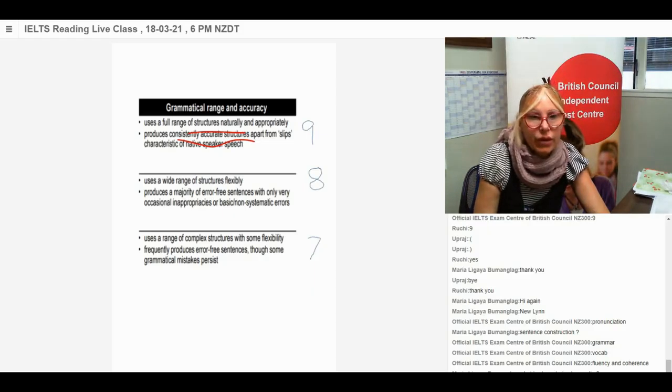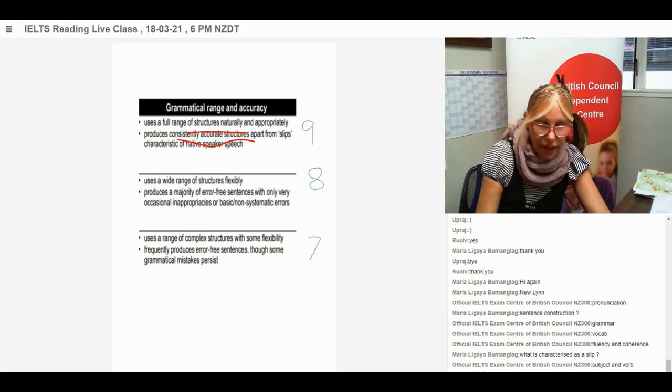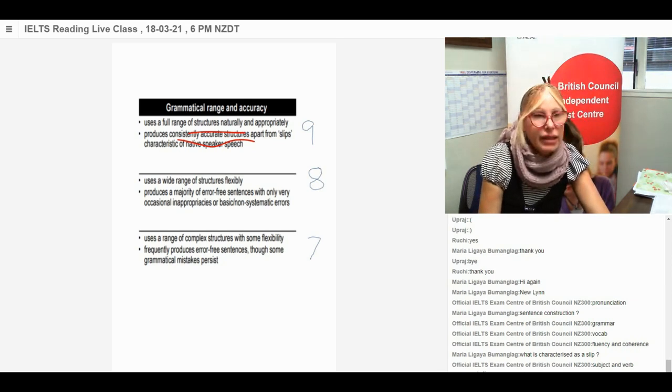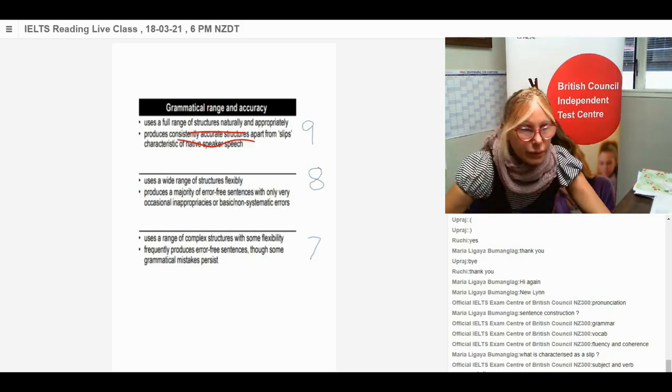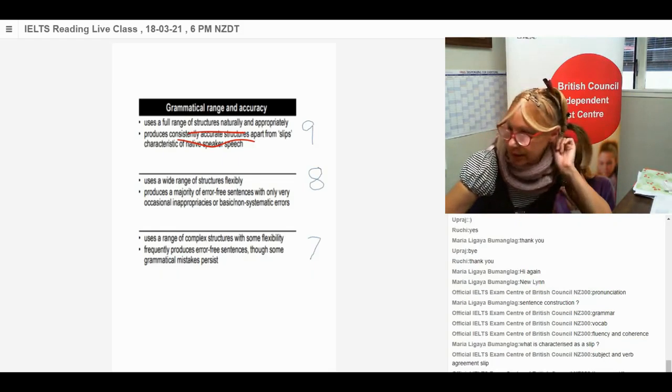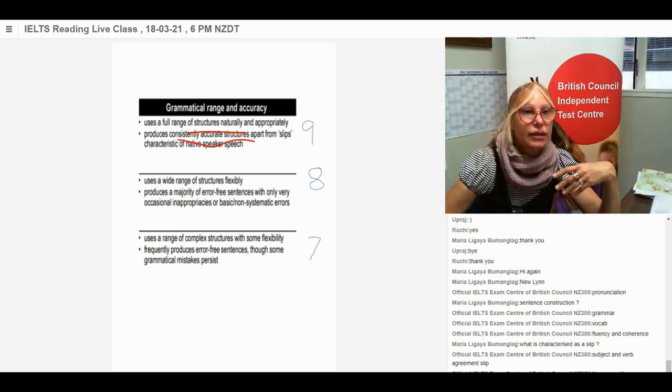A subject and verb agreement slip might be just for example, they goes instead of they go. I mean, it doesn't happen very often, but usually with a slip, right, the person is able to correct themselves straight after.